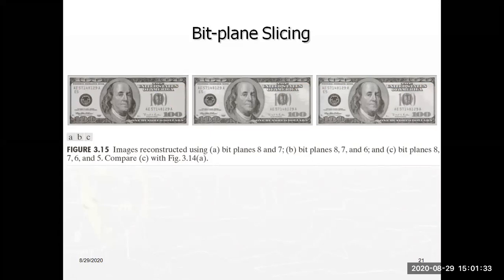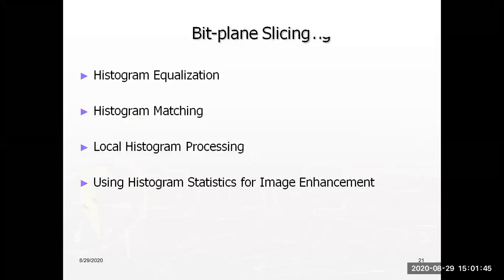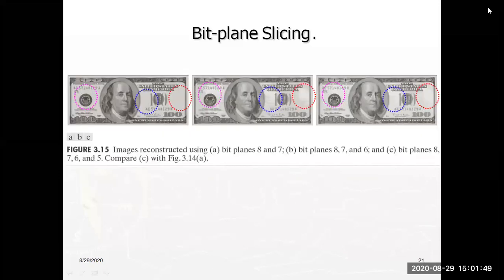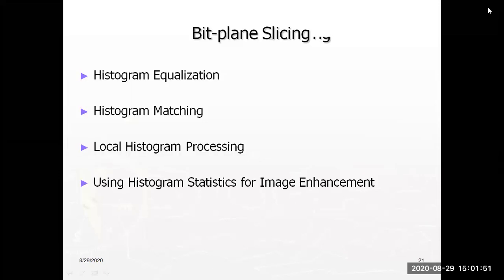Different intensity transformation functions are covered up to now. Tomorrow we have to start a different concept, that is histogram. Histogram is also used to highlight or enhance the image.